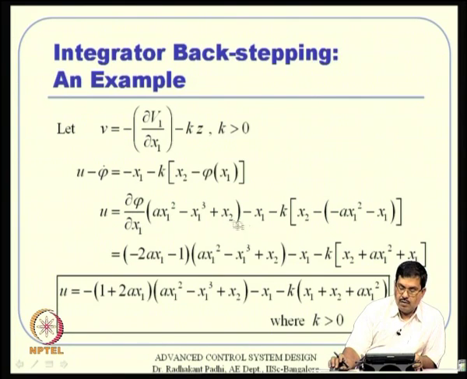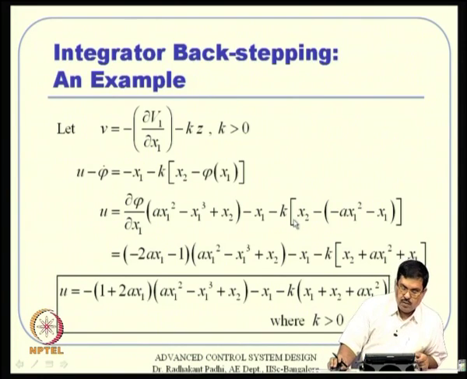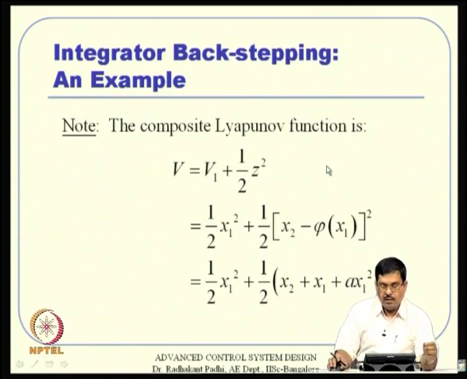X1 dot is like that, minus x1, and minus k times z, where z is x2 minus phi of x1. Now you expand all the algebra and get a controller of that form. This k becomes a gain value, which is a positive number that needs to be tuned for good performance. That is how an example works.